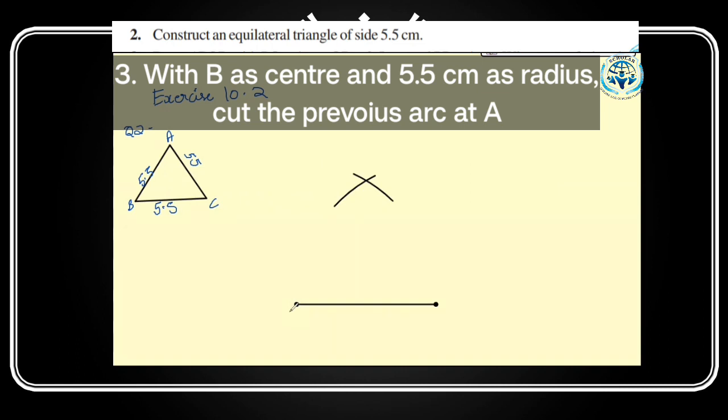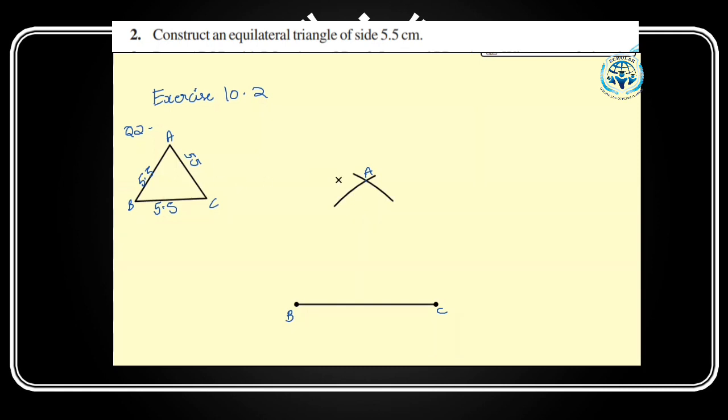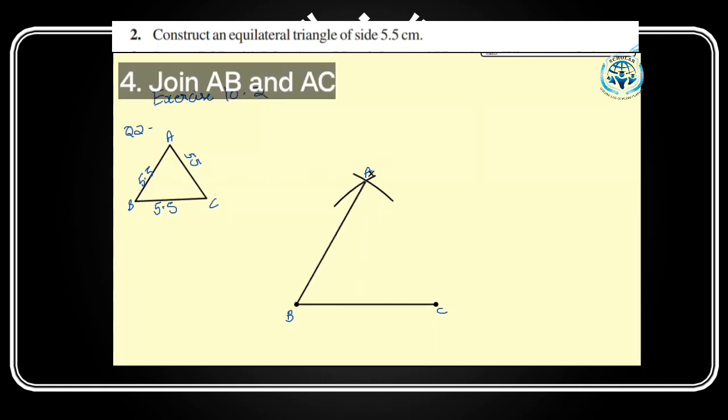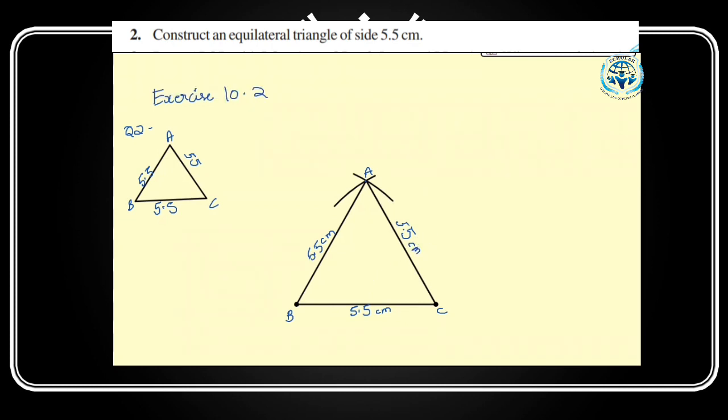The point of intersection is A. This is an equilateral triangle, so the three sides are equal and each measure 5.5 centimeter. Join AB and AC. The triangle is ready.